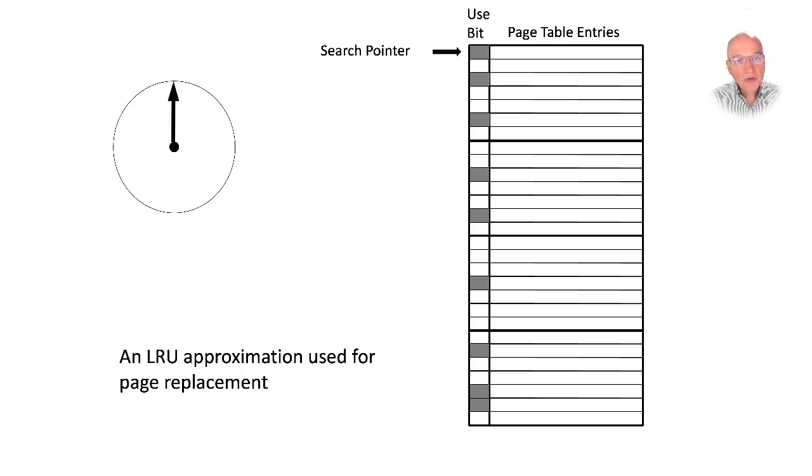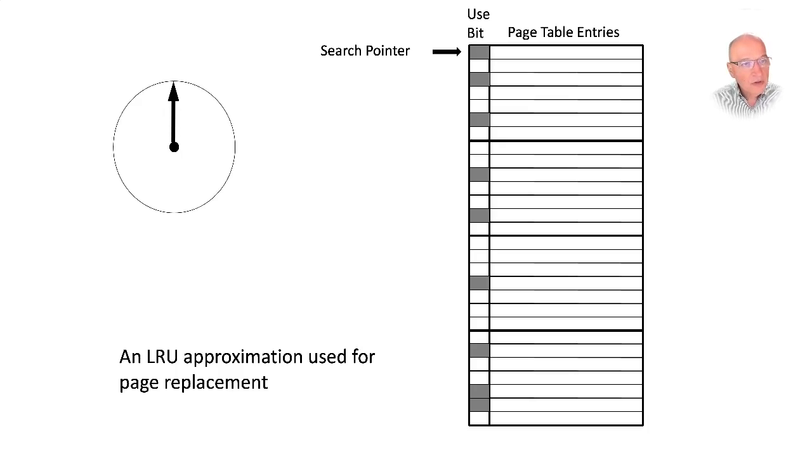And then when I need to do a page replacement, I'm going to scan down the table from the point where my search pointer is, and the first page table entry that I find that does not have the use bit set, I'm going to replace.